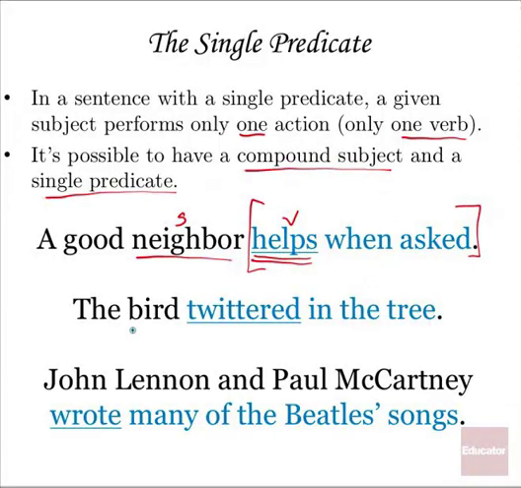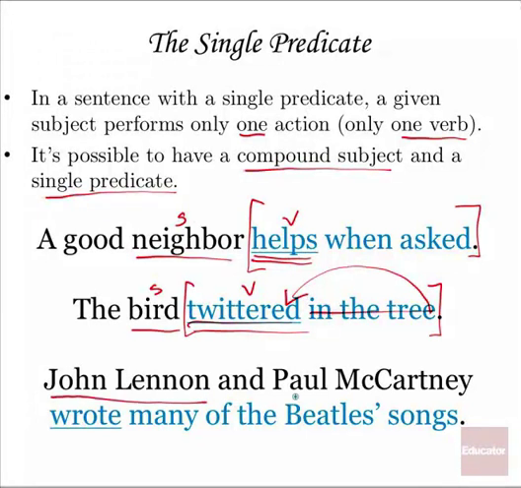All right, the bird, our subject, twittered in the tree. Well, twittered is our verb. In the tree is a prepositional phrase, but it's modifying twittered. Where did the bird twitter? In the tree. All right, then we have John Lennon and Paul McCartney wrote many of the Beatles songs. We have a compound subject, two individuals, both named.